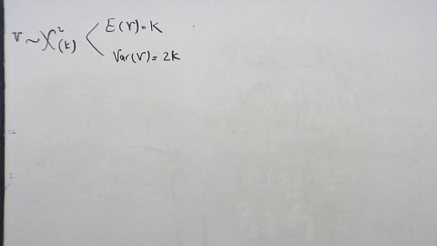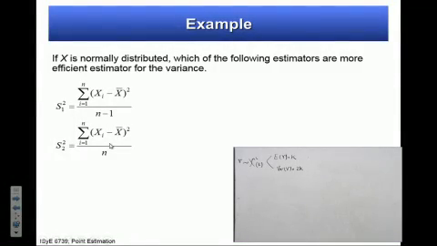That's a piece of information that you need to use. Any random variable that has a chi-square distribution with k degrees of freedom has this expected value and variance.